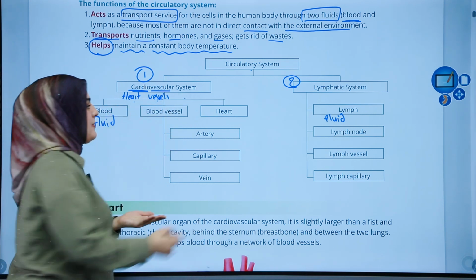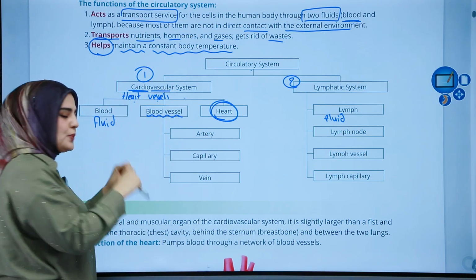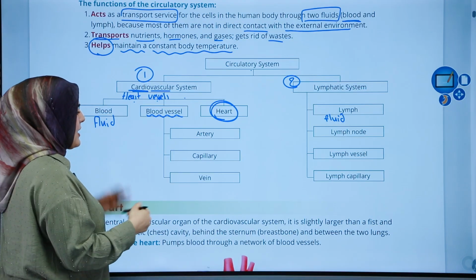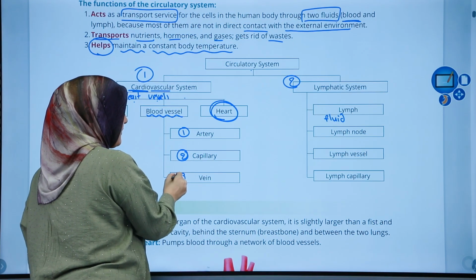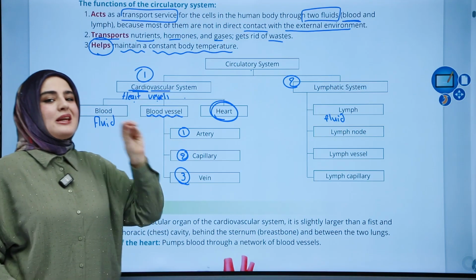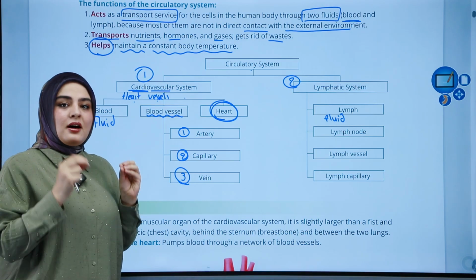The heart is the main organ here, and then we have the vessels, the tubes that connect every part of the body to the heart. We have three of them: artery, capillary, and vein. Each one of these components, we're going to learn in very detailed parts.